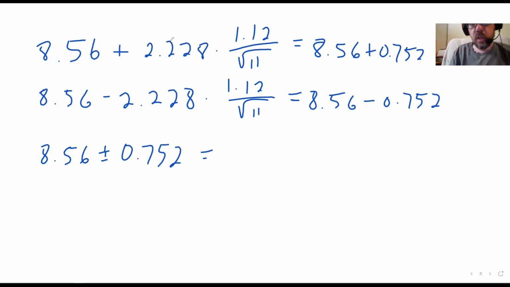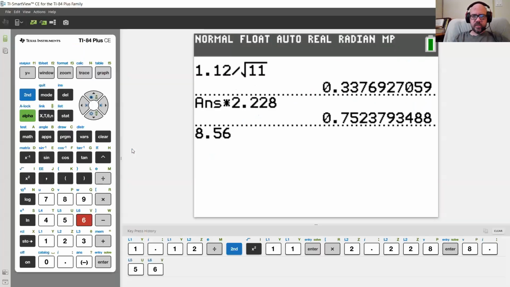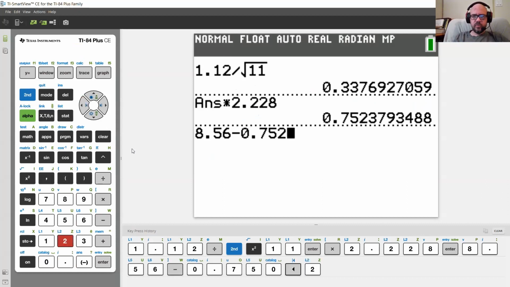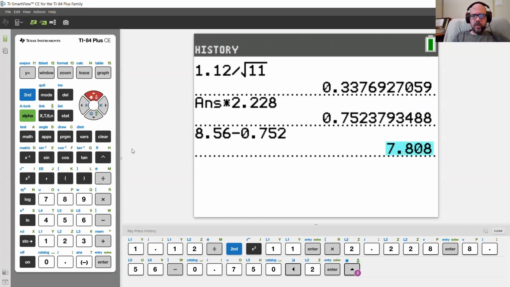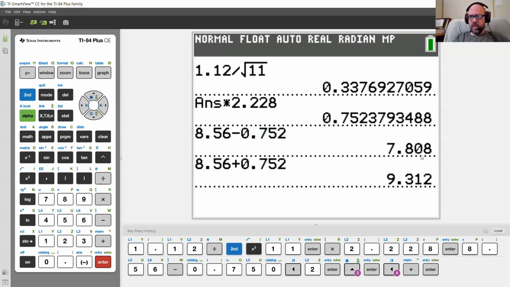Or we can write them in the following way, which is the usual way. So we get 8.56 minus 0.752, and then the same thing with plus. So 7.808 to 9.312.